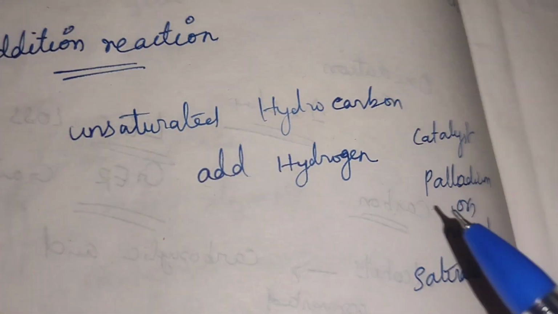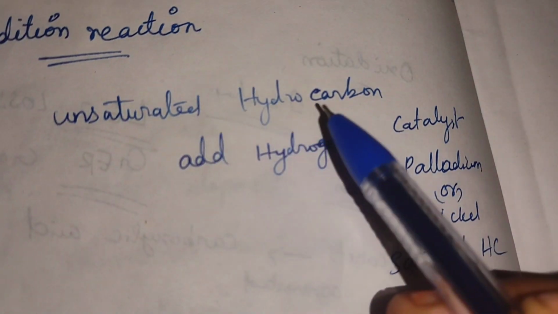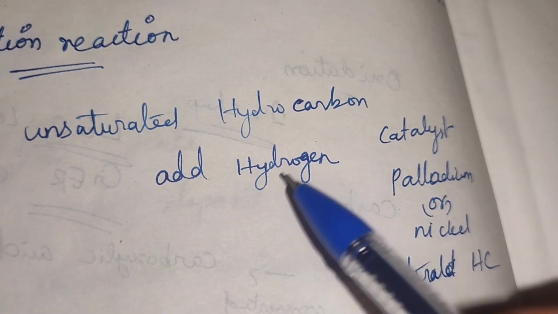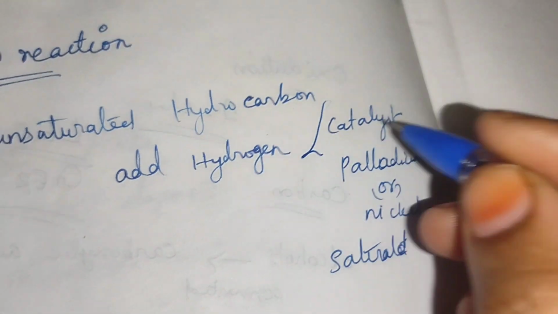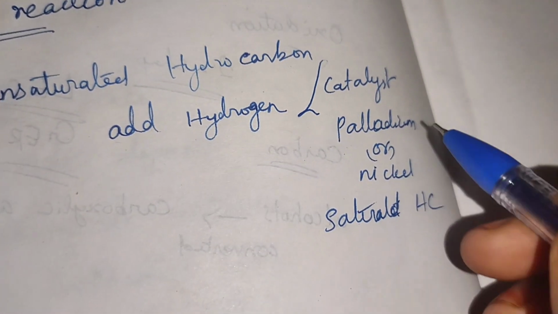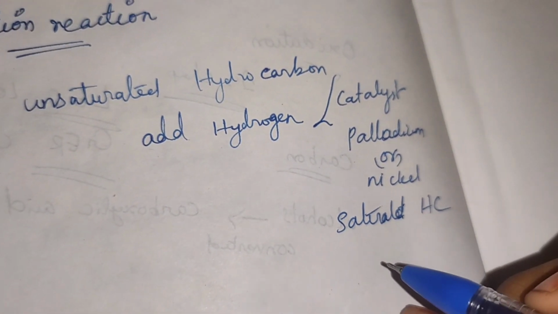Again I will repeat, in this addition reaction, an unsaturated hydrocarbon adds hydrogen in the presence of a catalyst such as palladium or nickel, then it will give saturated hydrocarbons.